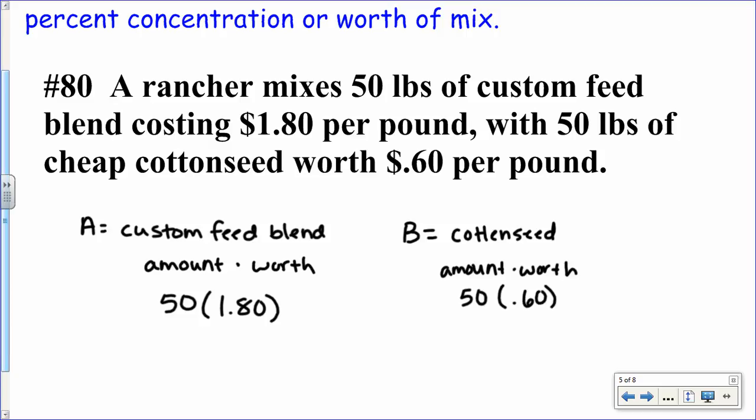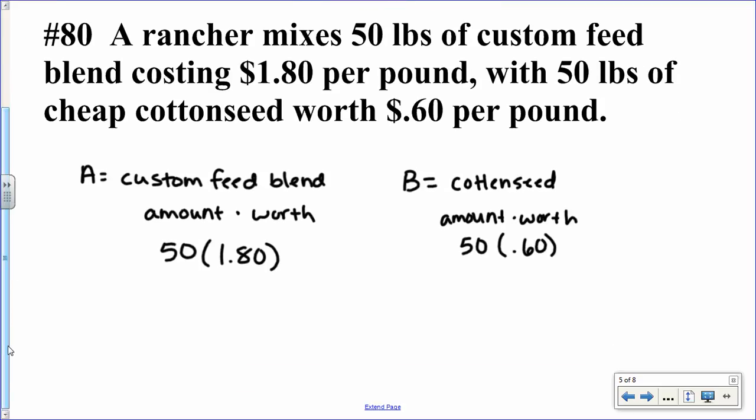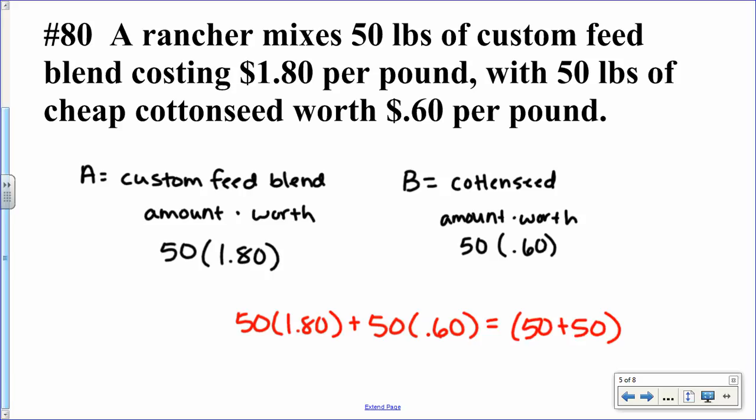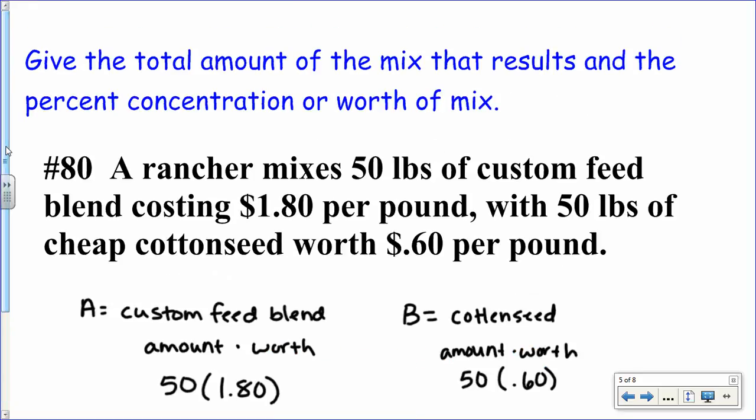So A plus B equals total, so 50 times $1.80 plus 50 times 60 cents equals the total. So 50 plus 50. And I want to know then per pound what the worth is. I can tell by looking at the first part of the question, which says the total amount. I already know that, but I don't know the worth of the mix, like per pound.